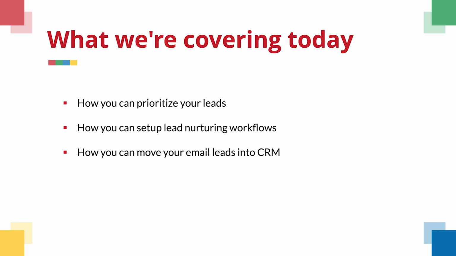We are going to go over three ways you can better your lead prioritization, nurturing, and conversion. To prioritize leads, we are going to look into how you can assign scores to your leads and follow up on them, and how you can keep a tab on all your activities.